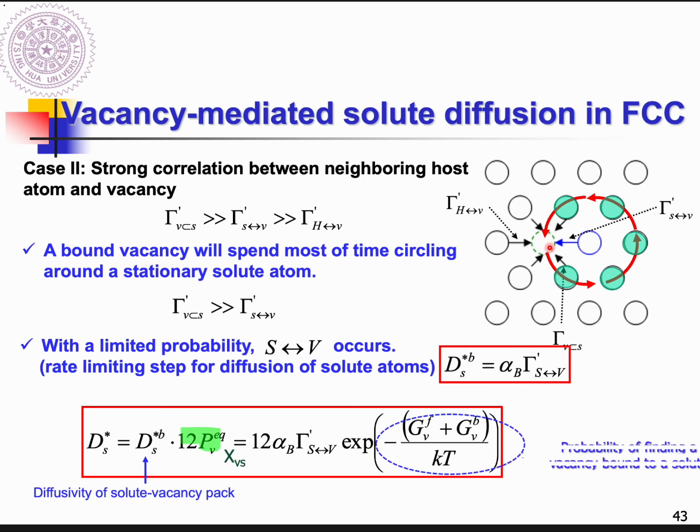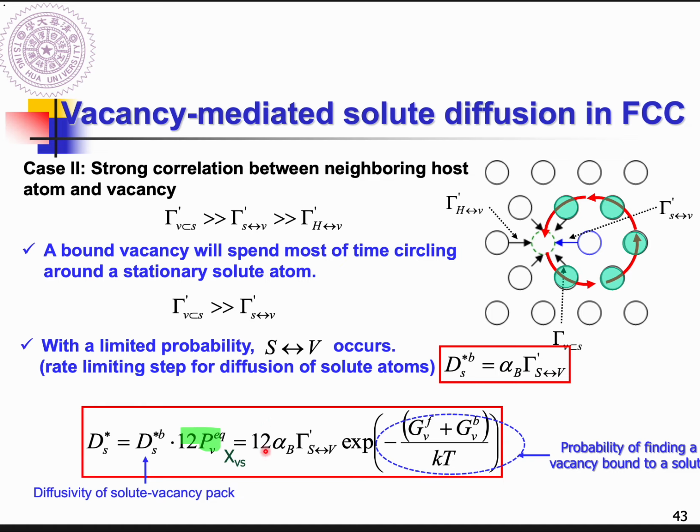So with the same idea, you can also find this 12 PV, and just fill out all the information, so you can get the diffusivity of the solute.